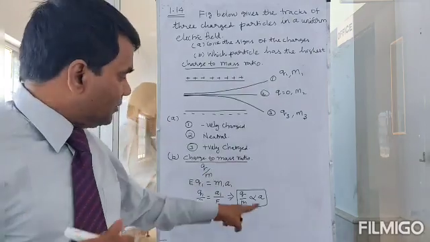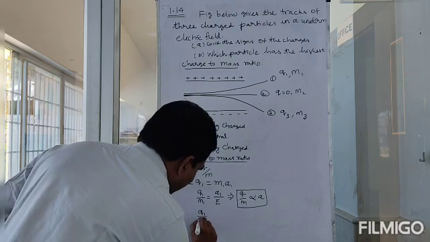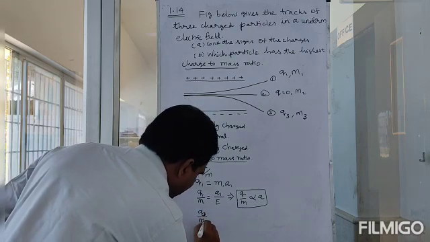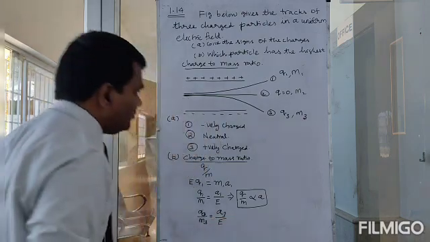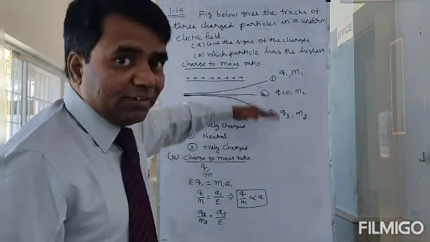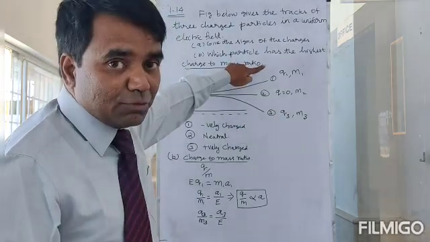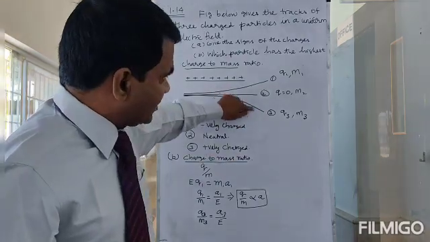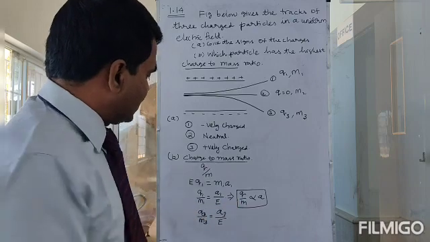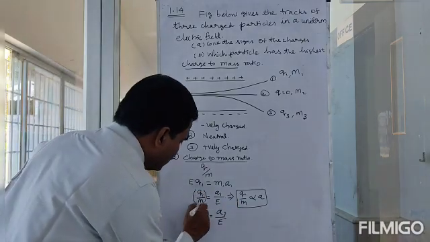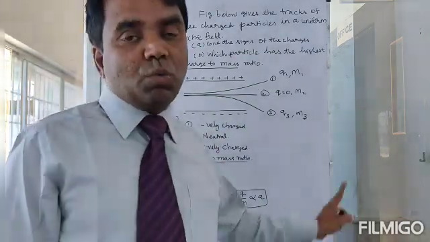So what can I conclude from this expression? From this expression I can say that Q1 by M1 is equal to A1 by E. But then Q3 is falling faster than Q1, which means that this acceleration is more than this acceleration, which means that the charge to mass ratio of 3 is greater than 1.